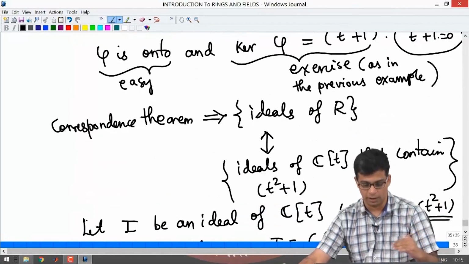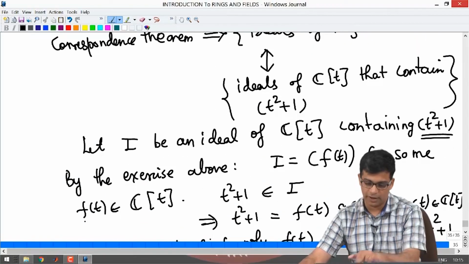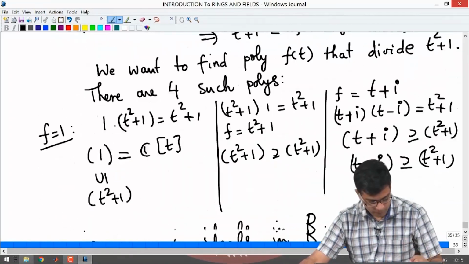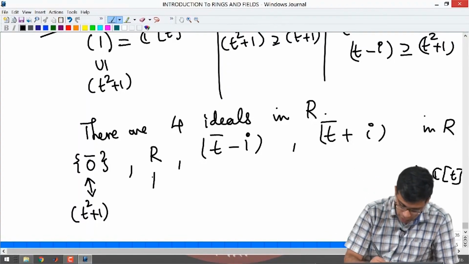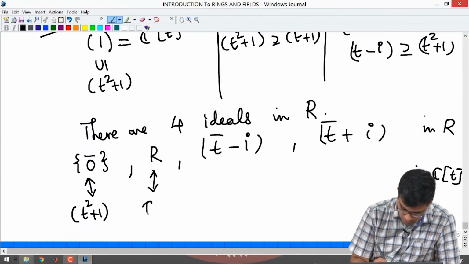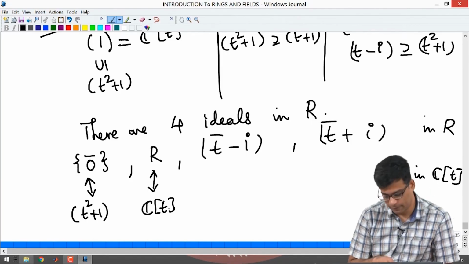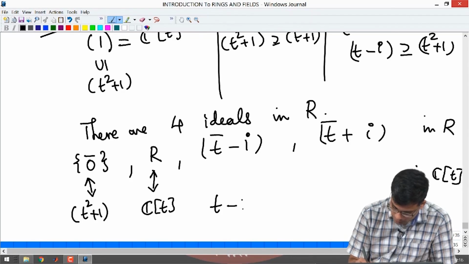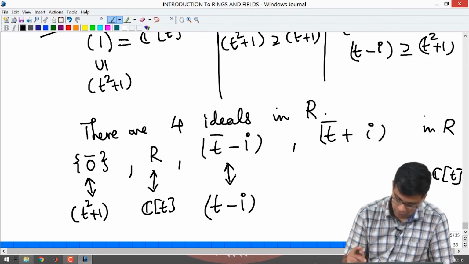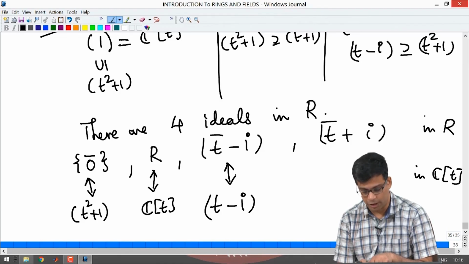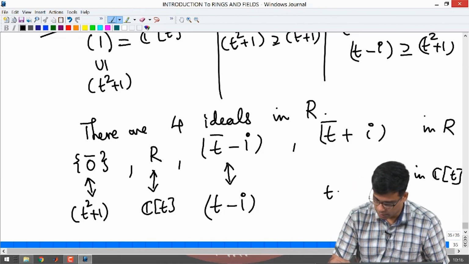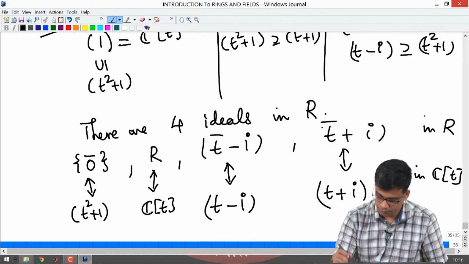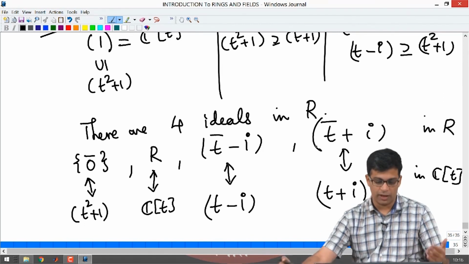So, the smallest ideal in this set of ideals that contain t squared plus 1 is t squared plus 1 and it corresponds to the smallest ideal of R, which is the 0 ideal, and the largest ideal that contains t squared plus 1 is C[t] itself and that corresponds to the largest ideal of R. The ideal in C[t] that is generated by t minus i corresponds to t-bar minus i. The ideal generated by t plus i corresponds to t-bar plus i. Okay. So, R has 4 ideals.